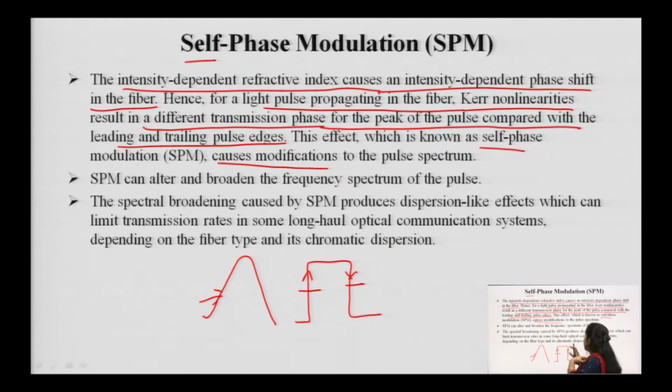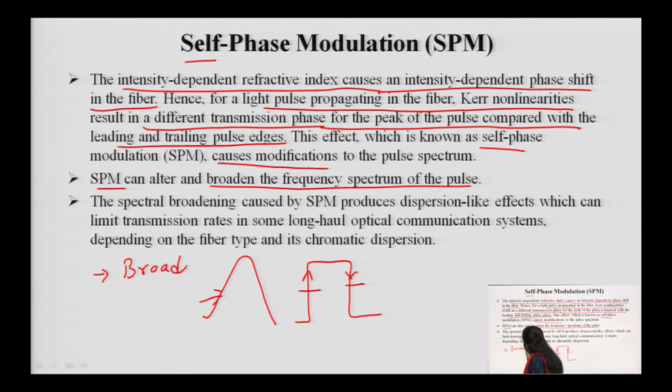That is why it is called self phase modulation, SPM. What can it do? It can broaden the frequency spectrum of the pulse. So, the result of SPM, which is one type of the Kerr effect, is that it broadens the frequency spectrum of the pulse. That broadening is the most important term.